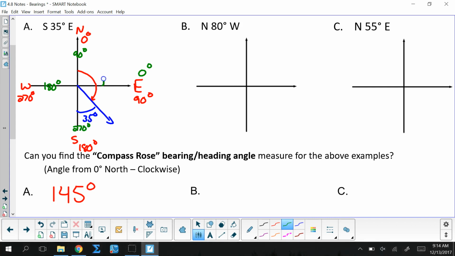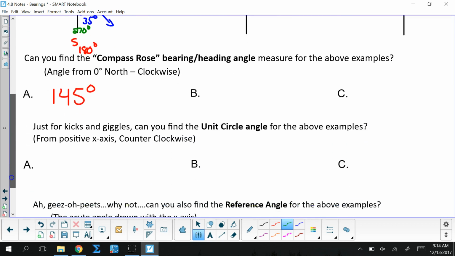So that angle would come all the way around here, and that angle would be how much? 305 degrees, right? Because I'd have to go 90 plus 90 is 180, plus 90 is 270, plus 35 would be 305 degrees.